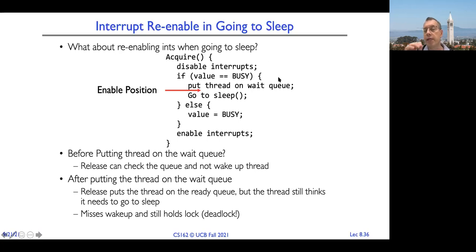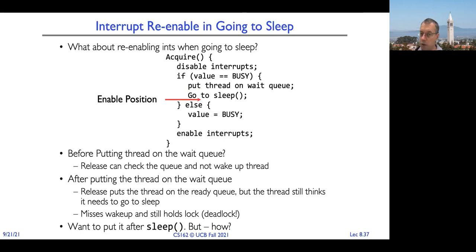Putting the thread on the waiting queue, that act means waiting, right? It doesn't happen in the program. It happens in the kernel, right? You put the thread on the waiting queue and the thread will wait until a release is going to be executed, until the lock is released. Okay.